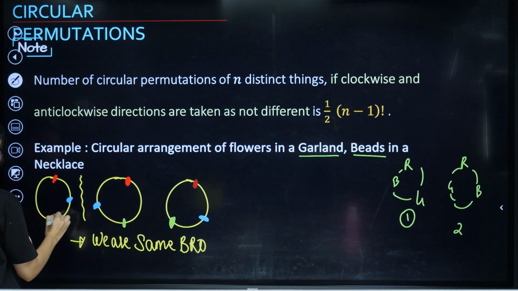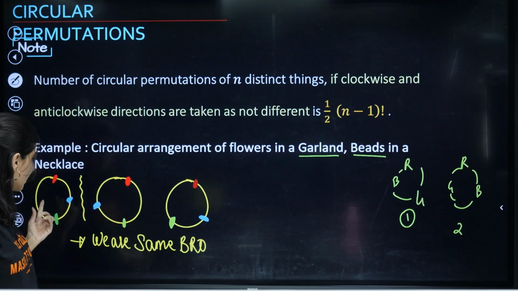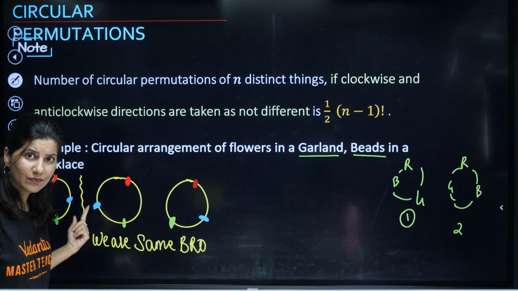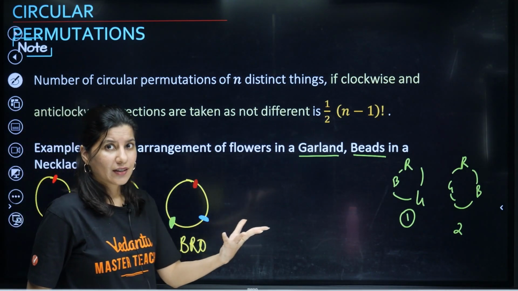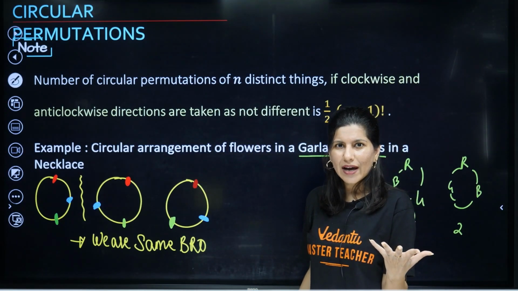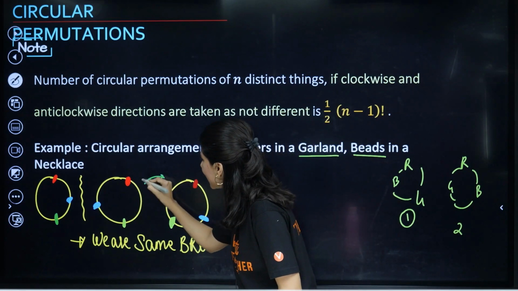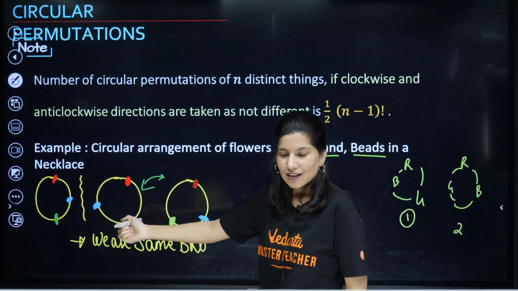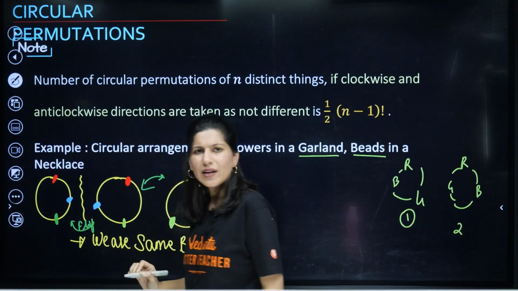The moment you flip this scenario, don't you think these two are the same? If I flip the garland, shall it count as 1 or 2? So basically these two are exactly the same. I hope this is clear.